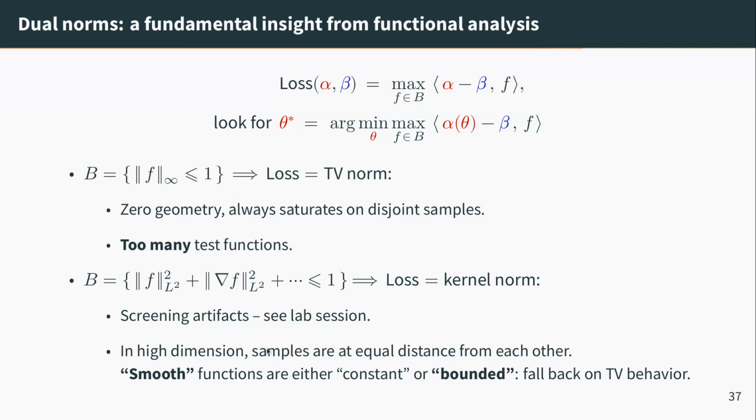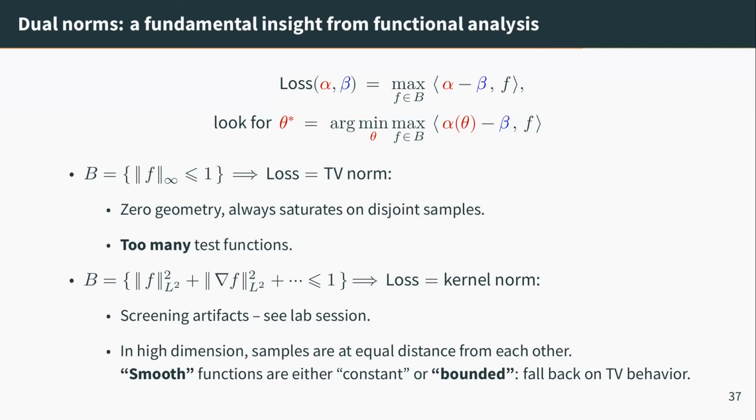But what we saw is that in high dimension, samples are at equal distance from each other. So if you look at the distance matrix in a high dimensional sample, basically you have 0 on the diagonal and a constant value elsewhere. You have the same value elsewhere. And in this setting, saying that a function is smooth doesn't mean much. Because what you want to say is that a function is smooth if basically it takes similar values.